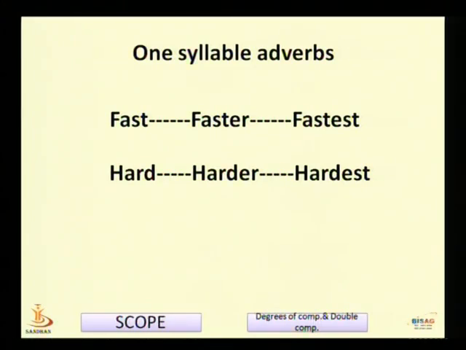As we have seen earlier in adjectives also, that in one syllable adjectives also, er and est is used for comparative and superlative. In the same way, for one syllable adverbs also, er and est they are used for comparative and superlative form.